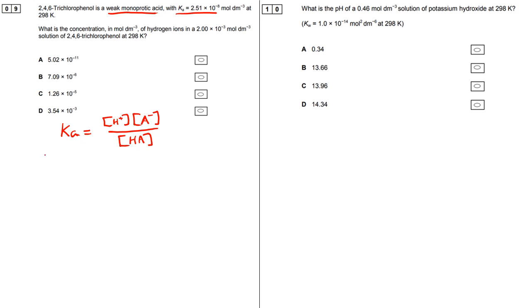Because it's a weak acid, it will dissociate or partially dissociate to give H plus and A minus ions. The assumption we can make if it's just a weak acid, which it is in this question, is that H plus equals A minus.